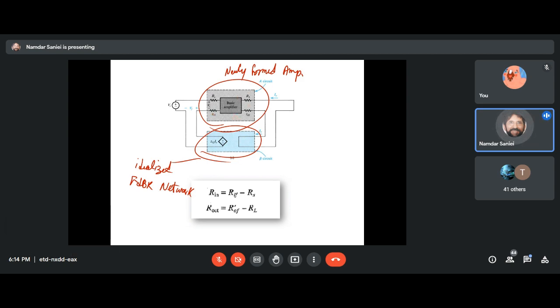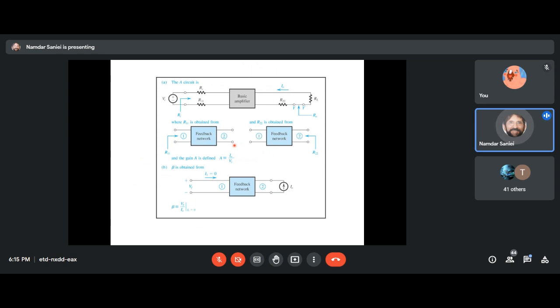The only thing is that we need to use the gain of the newly formed amplifier. And another thing that we need to do is, after we finish working with this, we need to give RS back to the source and RL back to the outside of this amplifier. And we do so by subtracting RS and RL from the input and output resistance that we calculated from the ideal situation.